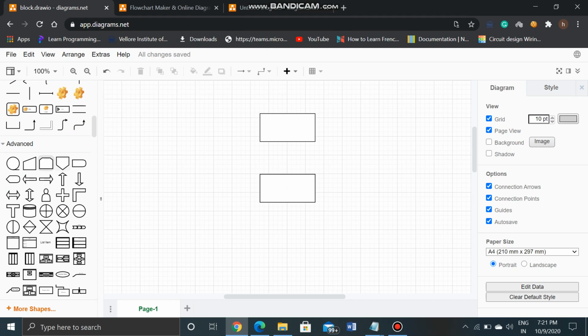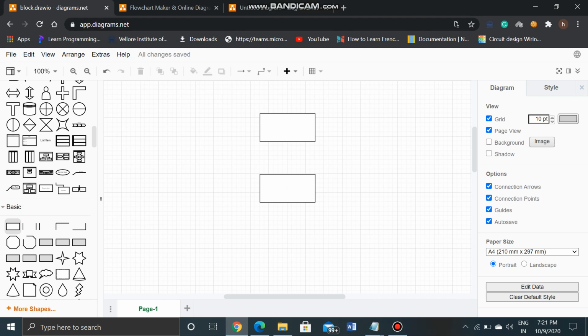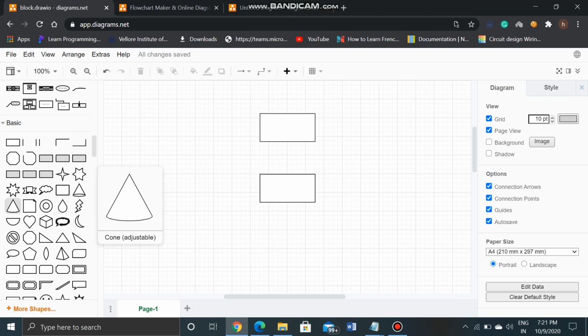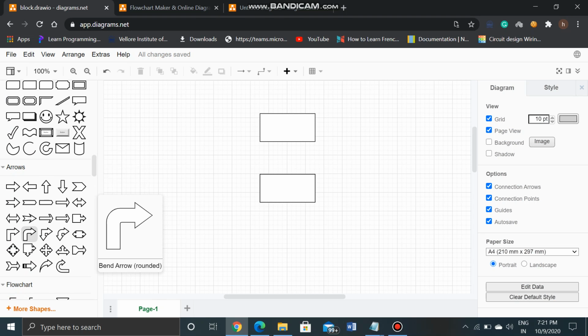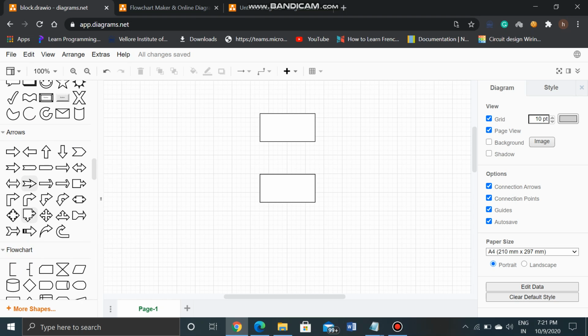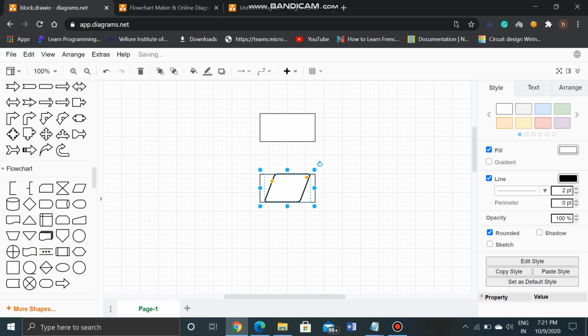It also consists of polygon, semicircles, parallel lines, partial triangle, cone, octagon, and the bent arrows, and the components required for flowcharts: database, delay time, card, data. These symbols can be placed here, and you can use the arrow marks to connect them.